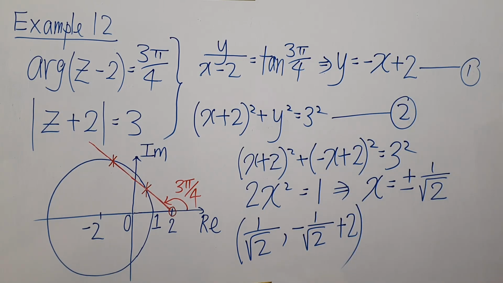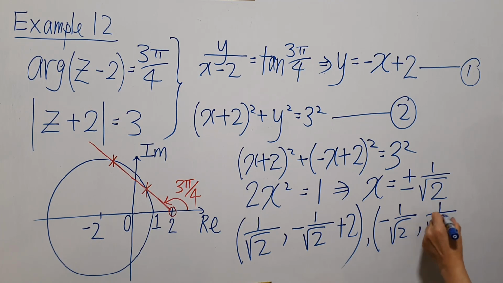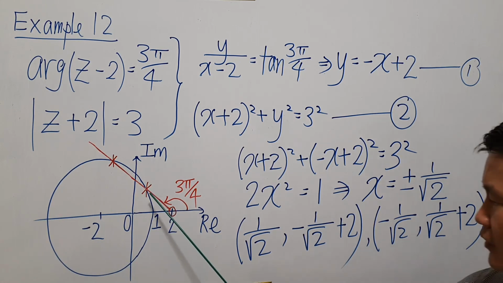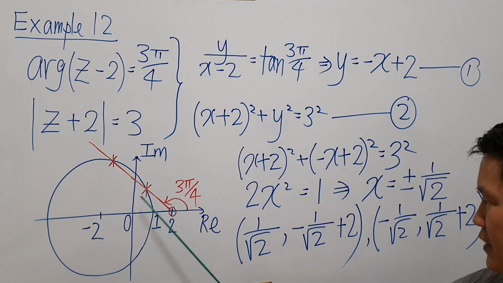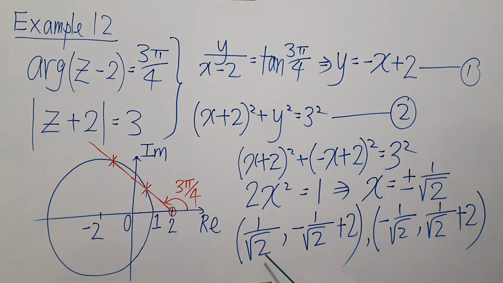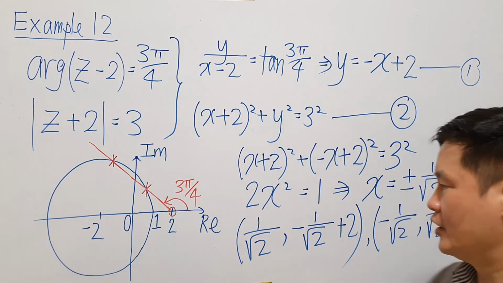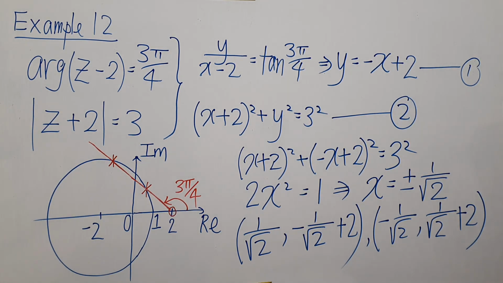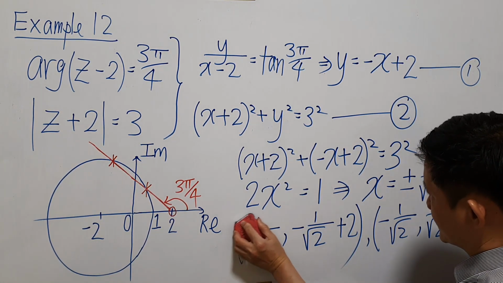Likewise, if x is minus 1 over square root 2, this becomes 1 over square root 2 plus 2. So the two points here: because you are solving for the complex number z, you should at the end write these as complex numbers.